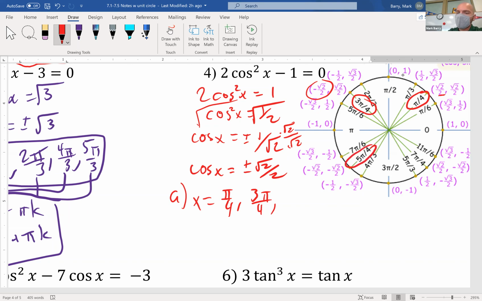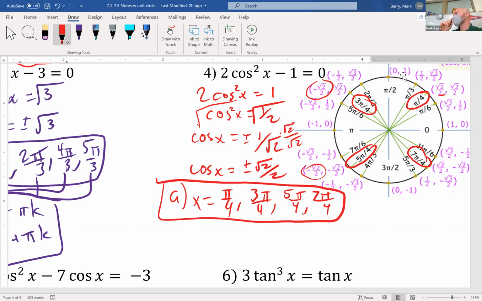Next spot is 5 pi over 4, cosine value of negative rad 2 over 2. Once again, the negative is okay with us. And then the last answer would be 7 pi over 4, with the cosine value of rad 2 over 2. All right, next question.